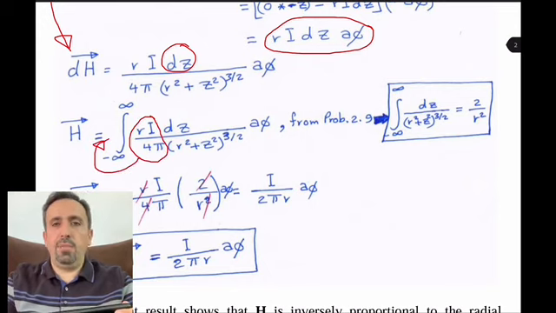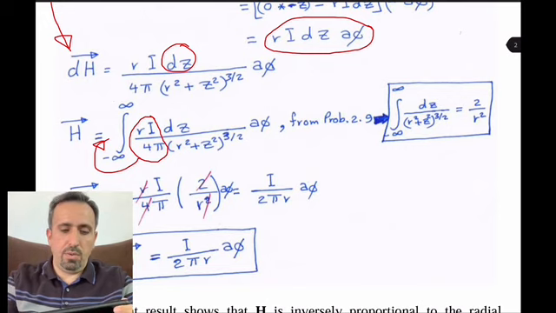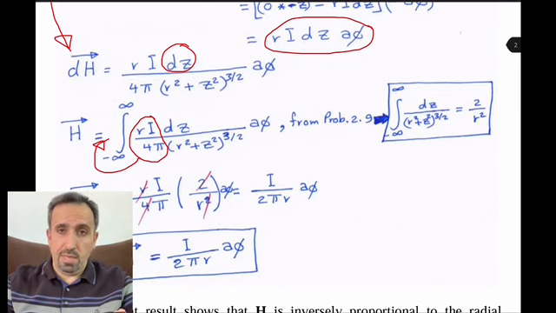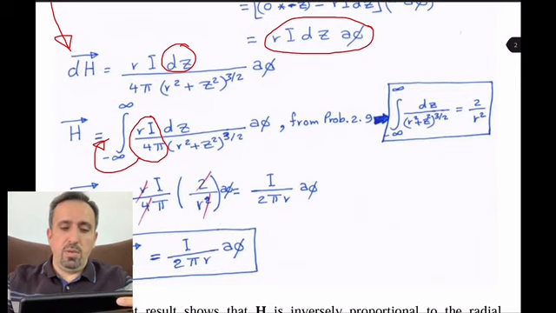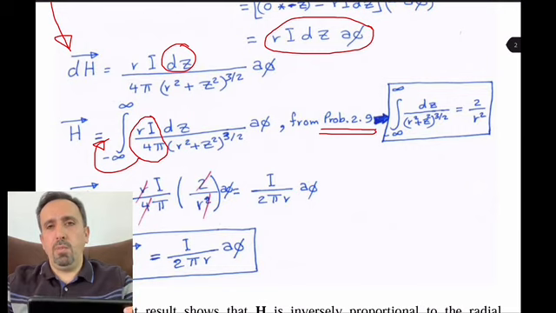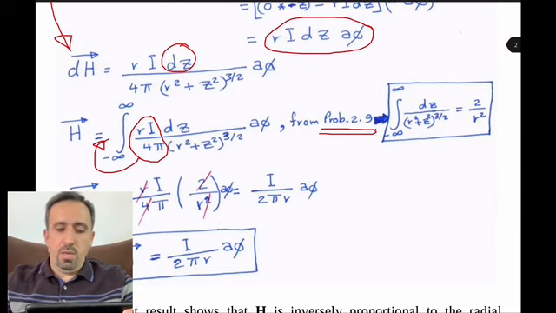The remaining term is dz over (r squared plus z squared) to the power 3 by 2. In this case, you don't have the derivative of this bracket up, so you have to follow the method used previously in problem 2.9 of chapter 2 for getting the result of this integration.